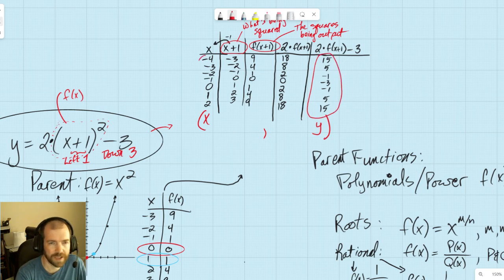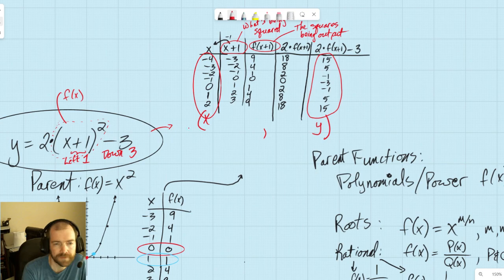I don't like using this stuff, which is why I teach it differently. So all of our x stuff here, all of our y stuff here. This middle stuff we're not going to pay attention to if you're going to be talking about individual points, like where on the graph are these points.